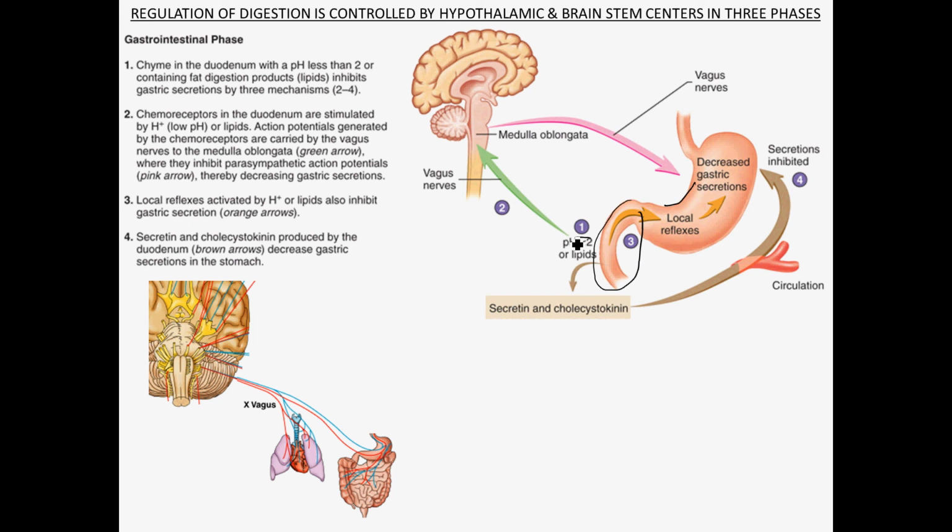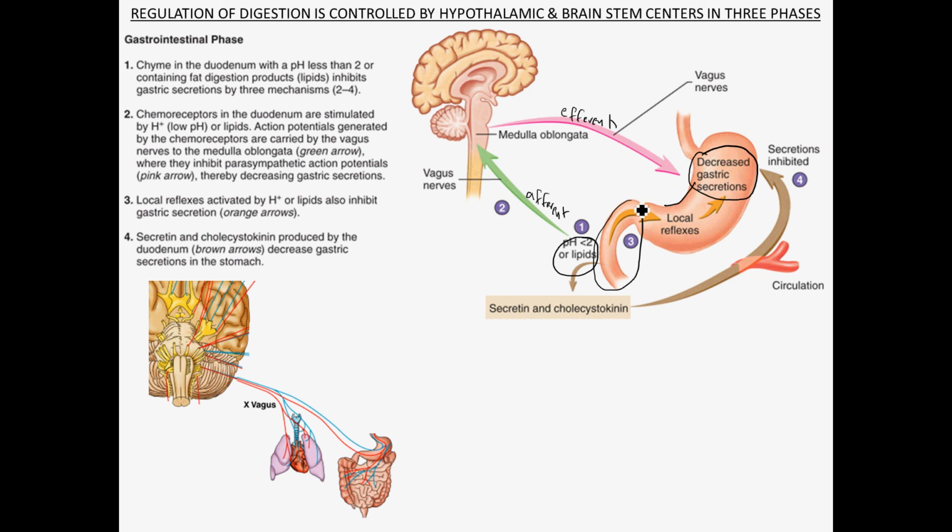And so when this acid chyme gets into the duodenum, what happens is now, via the vagus nerves that are hooked up to the duodenum, afferent fibers are signaled. That sends a signal to the medulla, and then the medulla via efferent sympathetic fibers sends impulses back here, and that stimulation actually decreases the gastric secretions.